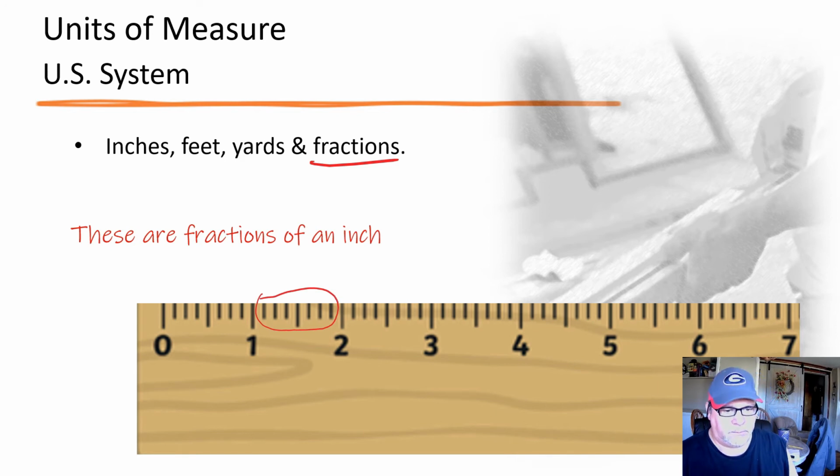These are fractions. You've got 0 to 1 inch, 1 inch to 2 inches. Those are whole inches, right? Well, in between those inches are fractions. And what are the fractions for? Well, if I need to measure something and it's in between 1 inch and 2 inches, I have to have a fraction.